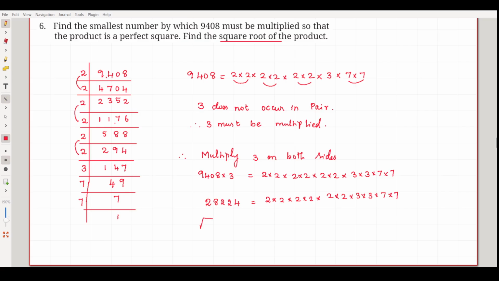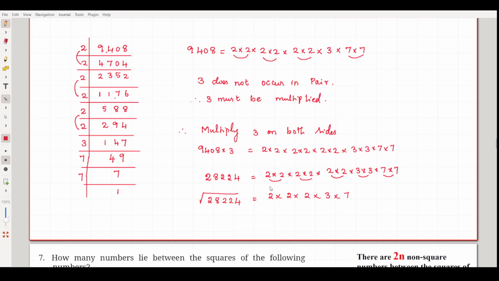If you want to find the square root, from each pair we take only one number outside. The square root of 28,224: from these pairs we take one 2 each, from this pair one 3, from this one 7. Now multiply them: 2 twos are 4, 4 times 3 is 12, and 12 times 2 is 24 into 7.